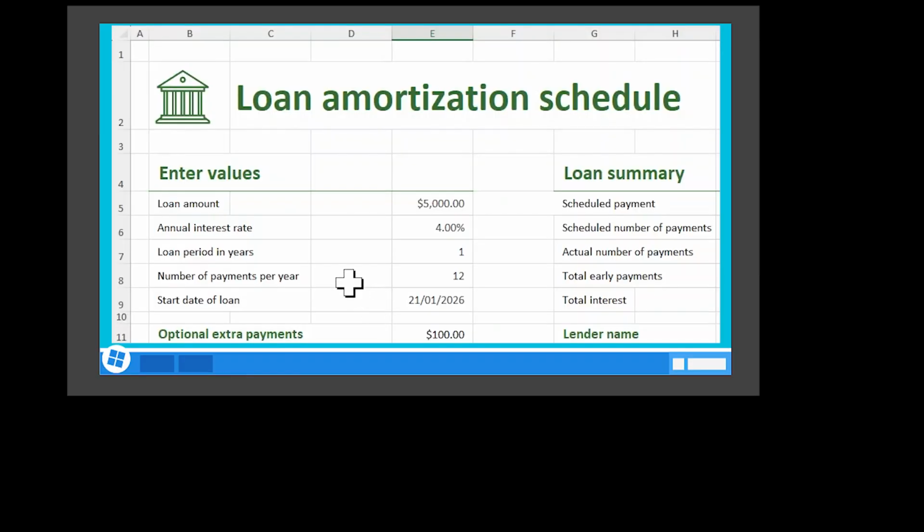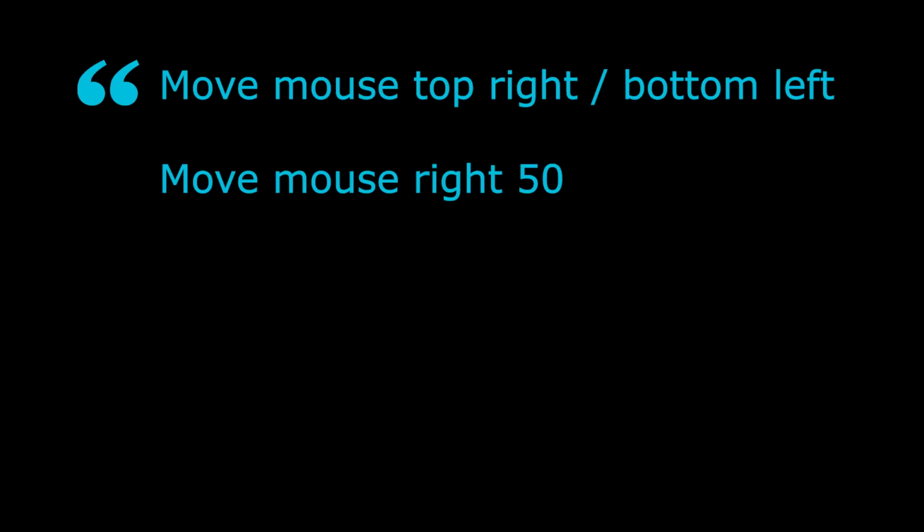You can also move in diagonal directions by using commands such as move mouse top left or move mouse bottom right. For more precise control, you can specify a distance in pixels that you want to move the mouse by. For example, you can use the command move mouse right 50 to move the mouse 50 pixels to the right.